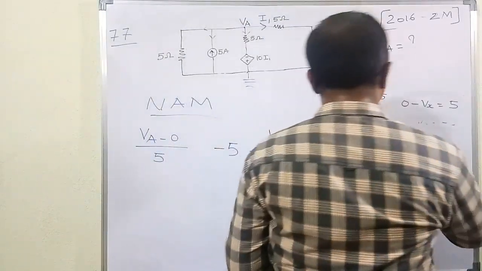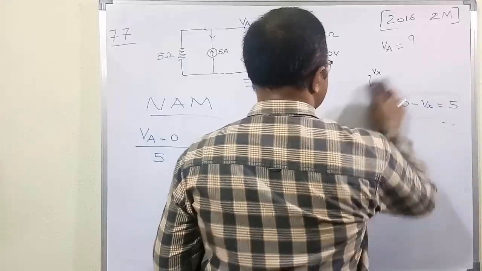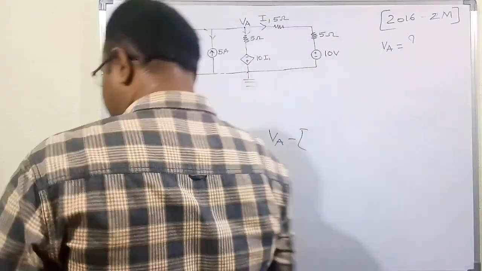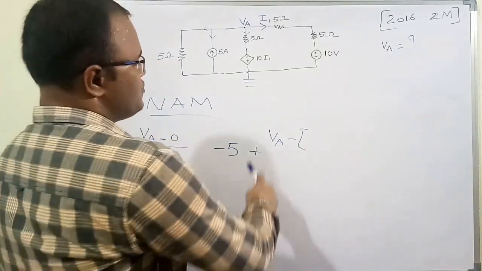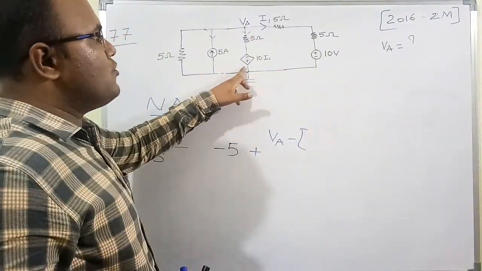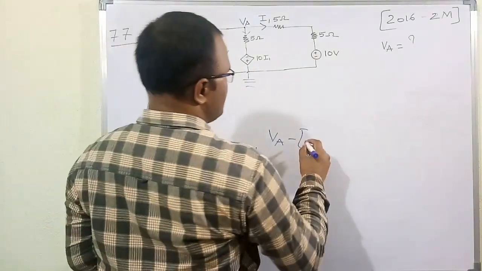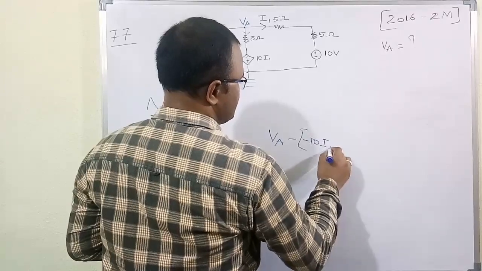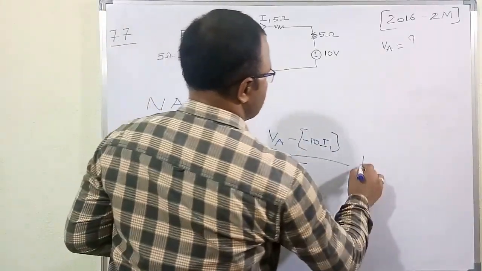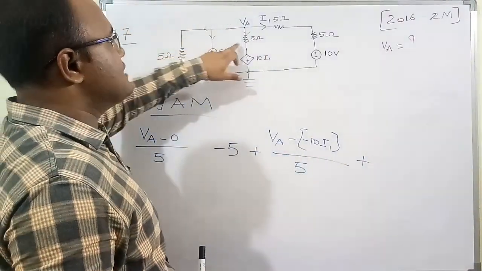The same pattern applies in this concept also. I tried to tell the concept behind taking it as minus or positive. So Va minus, if I take this as 0, then this node potential is going to be minus 10I. So Va minus of minus 10I by resistor 5, plus, this branch is finished, this branch is finished, and this branch is finished.